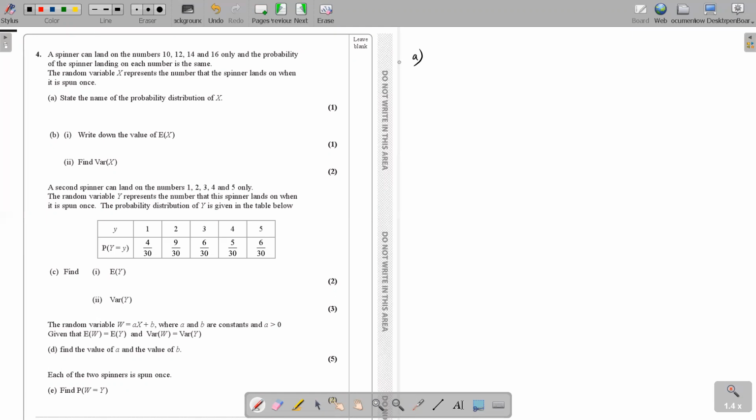Discrete uniform. Why? Because you have values 10, 12, these are all separate discrete values. So write it, children: discrete uniform. Uniform means all the outcomes, everyone, have an equal chance. Discrete uniform distribution.